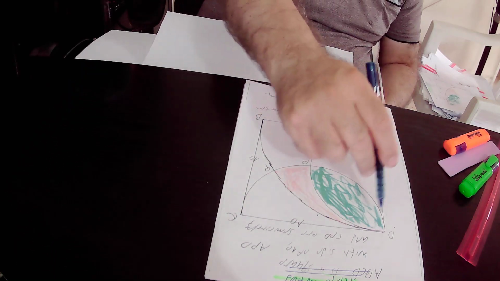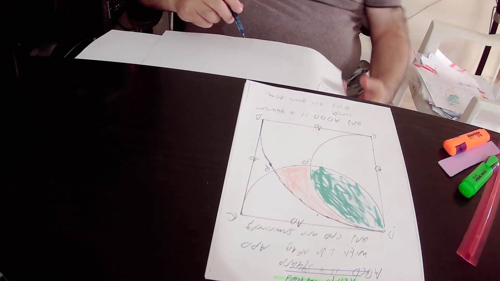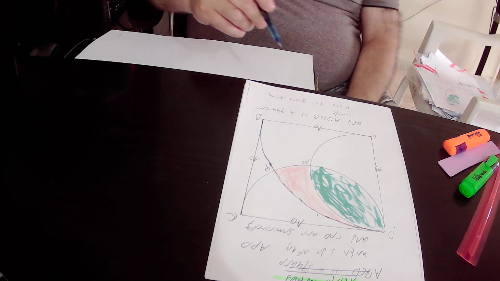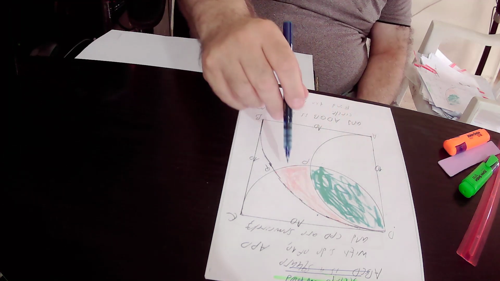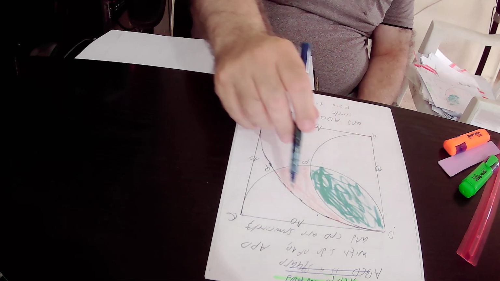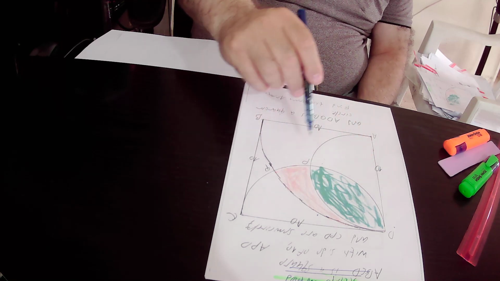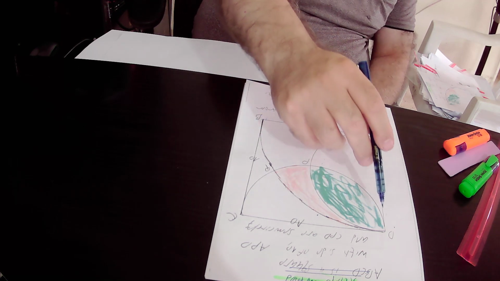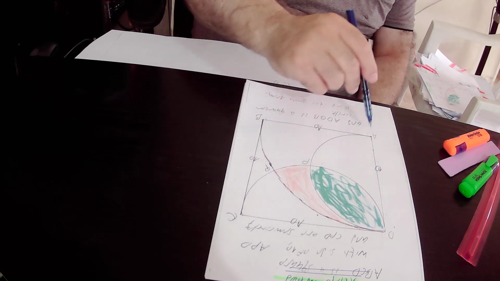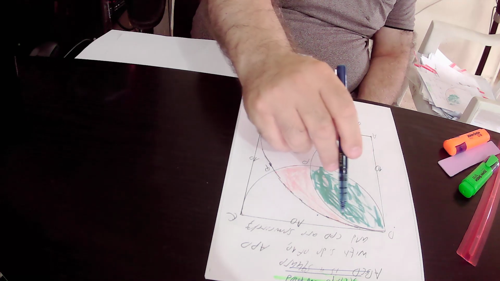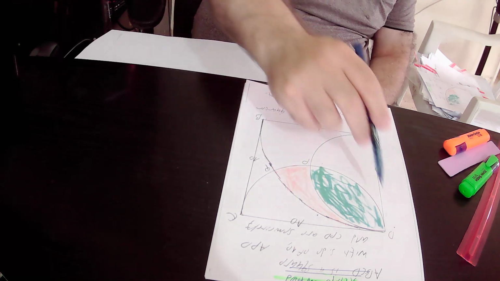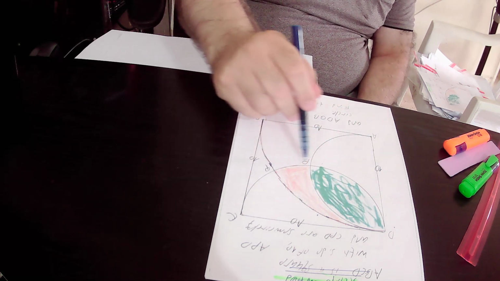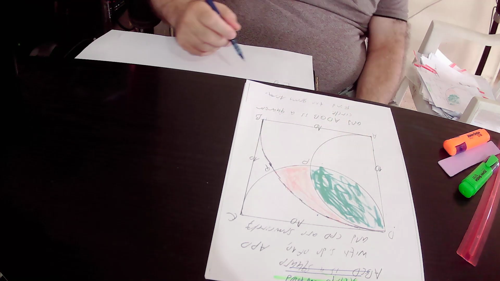Here it is very easy to see that this big lens was created by the intersection of the quarter circle with this semicircle.